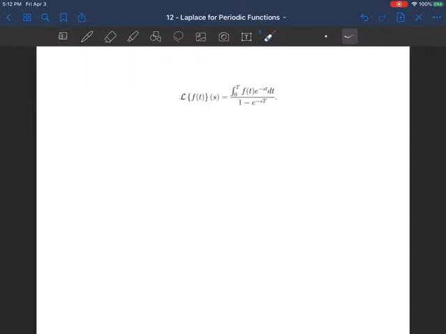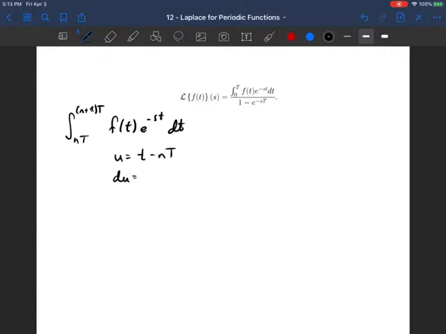All right, so we're going to have to deal with this integral here. And so we're going to calculate that thing separately and then bring it back to this summation. So a reminder of the formula that we're eventually going for is there. So let's look at the integral not from 0, but from nT to n plus 1 T of f of t e to the minus st dt.